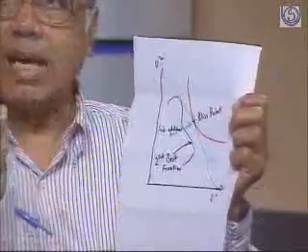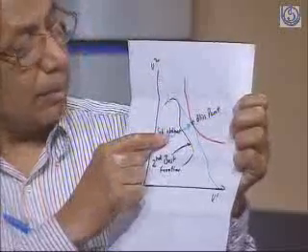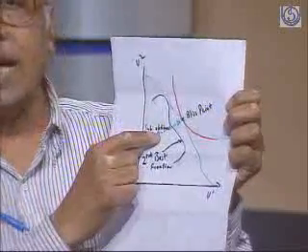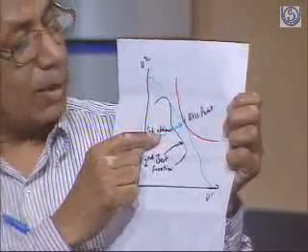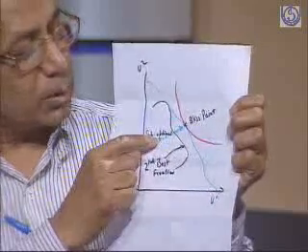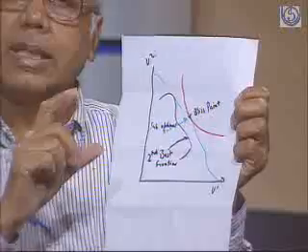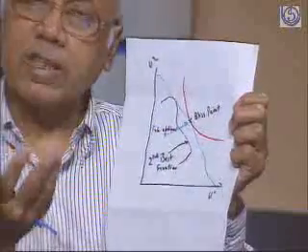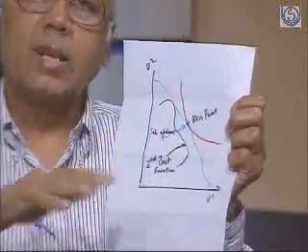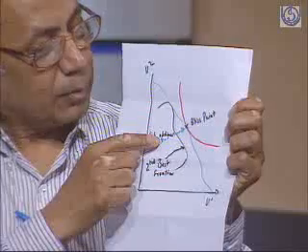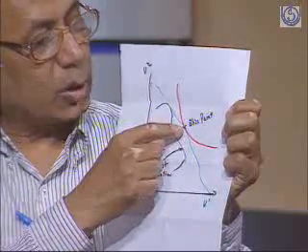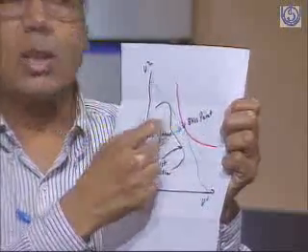Now, if there's market failure, what does it mean? You are at some point like this cross, where you are at a suboptimal position. So the role of government is to take the economy from here to this bliss point. Both you want to correct for the market failure as well as provide equity. This movement from this suboptimal position to the bliss point is the role of the government.